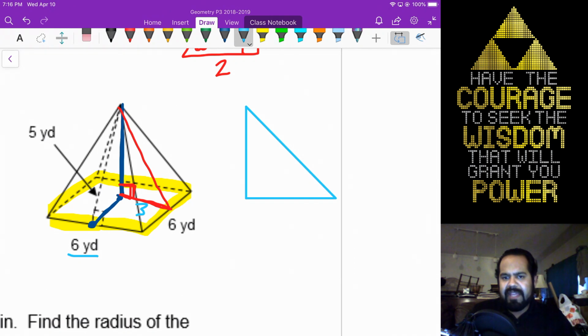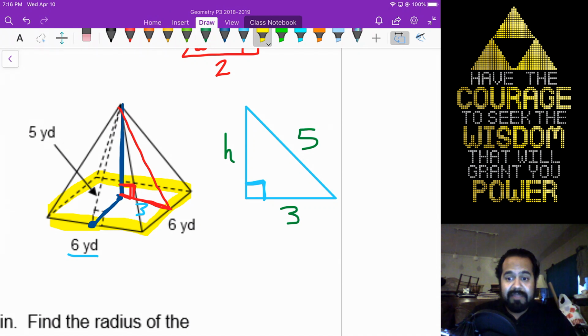But to piggyback off of that, whenever you're given a right triangle and you're given two sides, you're 9 times out of 10 going to use the Pythagorean theorem. So in this case, I have 2 sides and I'm missing the third side.